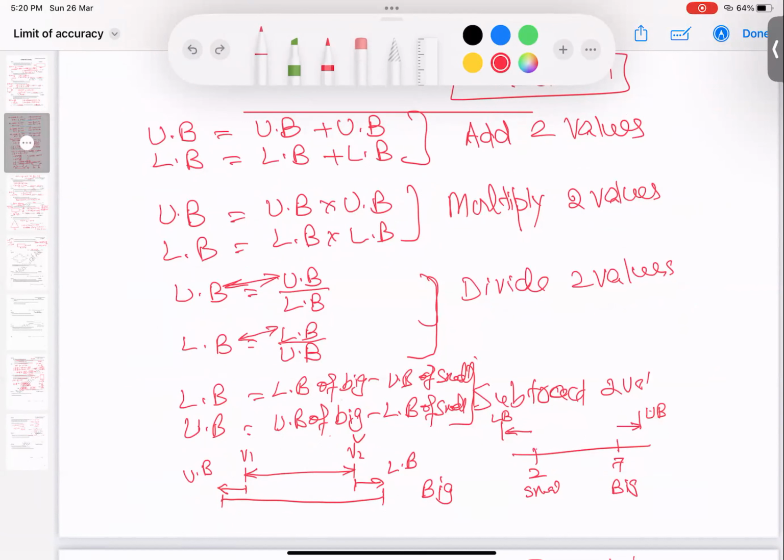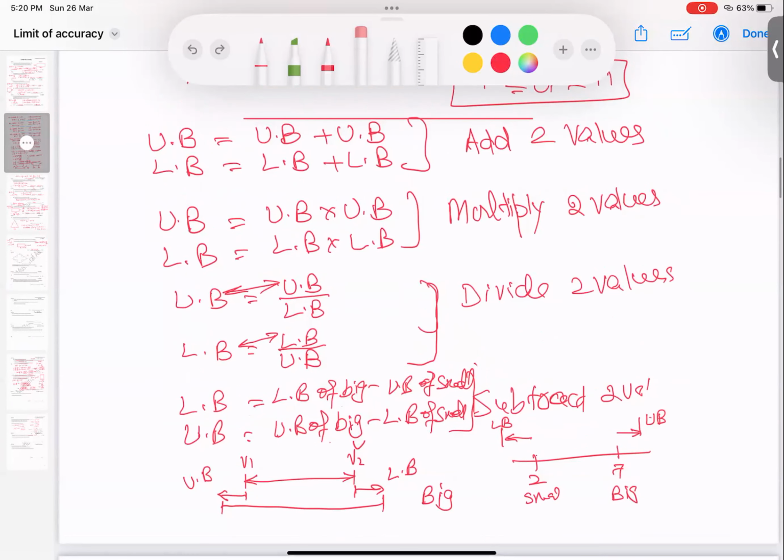Upper bound plus upper bound gives you the upper bound of two values, and lower bound plus lower bound gives you the lower bound value, like a perimeter. Perimeter: upper bound of the length plus upper bound of the width gives the upper bound of the perimeter, and lower bound of length plus lower bound of width gives the lower bound of the perimeter. So very clear. Multiplying is also the same concept, like I just found the area of the rectangle. Upper bound of length and upper bound of width give you the upper bound of the area, and lower is the same.